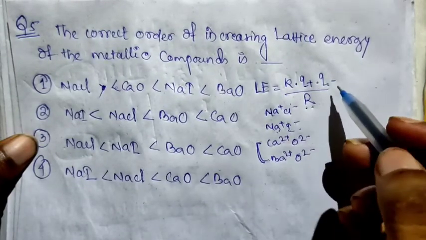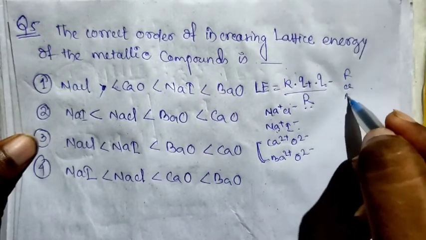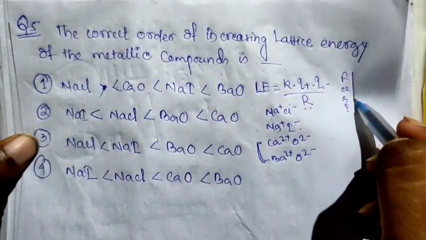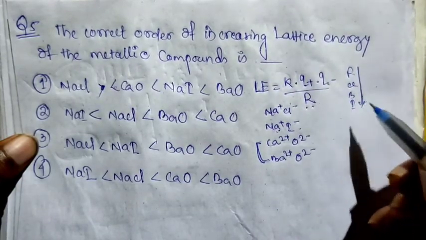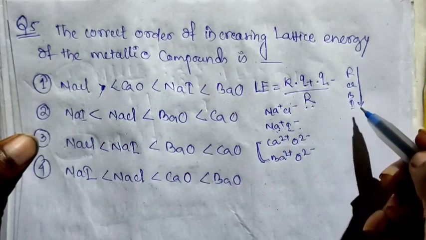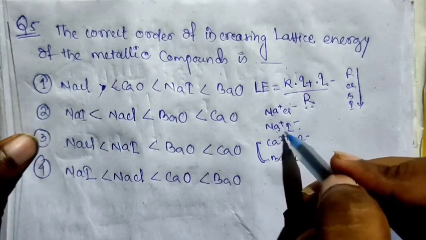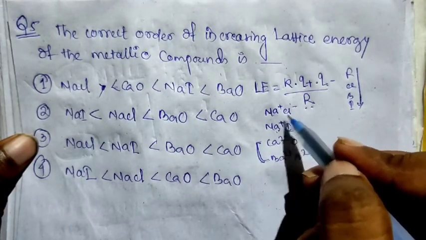We know that in the halogen family, chlorine, bromine, iodine, when we move from top to bottom, the size of the atom increases. So sodium iodide has larger ionic radii than sodium chloride.